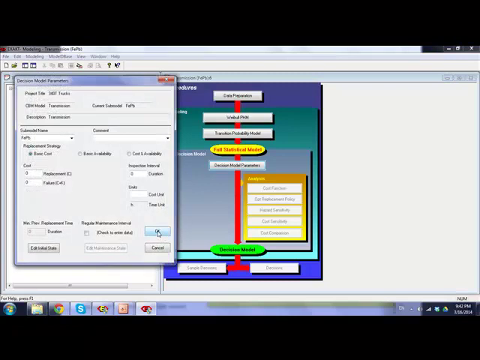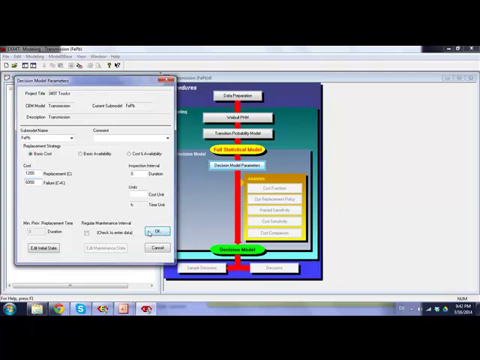Assume that the mitigating preventive repair activity has a cost of $1,200. Also assume that the cost of the repair activity plus the penalty cost due to an unexpected in-service failure is $6,000.